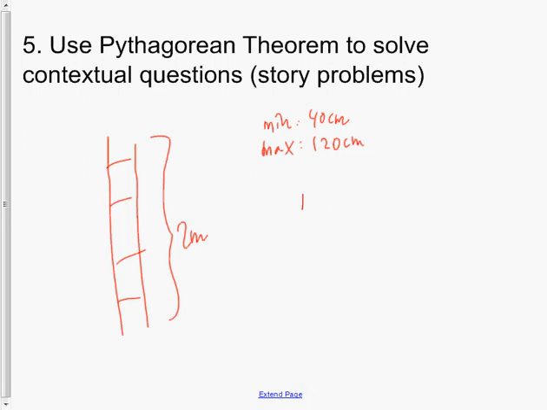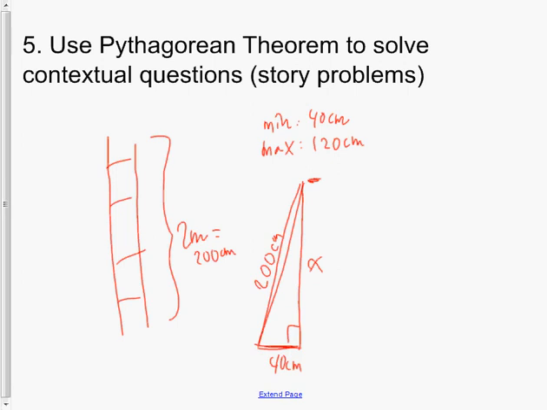So in situation number 1, there's our wall right there, and the minimum distance from the wall that ladder can be is 40 centimeters. The ladder, when it's leaned up against the wall, hasn't changed its length. So we're going to call this ladder 2 meters, which is the same thing as 200 centimeters, and it's going to be a 90-degree angle. So in essence, we have the hypotenuse of a right triangle, one of the legs, and the distance up the wall, where that's going to go up to, is going to be an unknown variable.